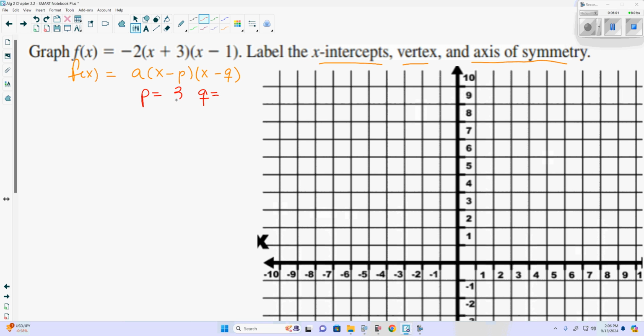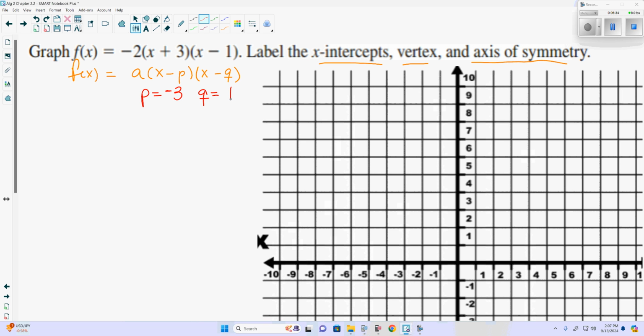So I would agree that p is going to be 3, but it would be negative. Because if we look at the form, x minus p is lining up with x plus 3. The x's line up, and the 3 would line up with the p, but the sign is different. In the general form, it's minus. In the equation, it's plus. The only way we can go from a minus to a plus is if we have another negative involved, because two negatives will make a positive, which means the value of p is indeed -3.